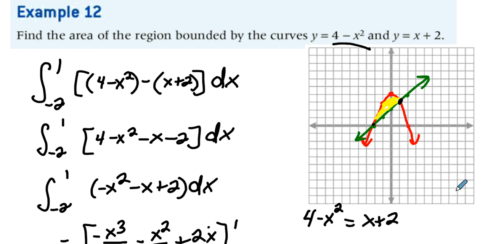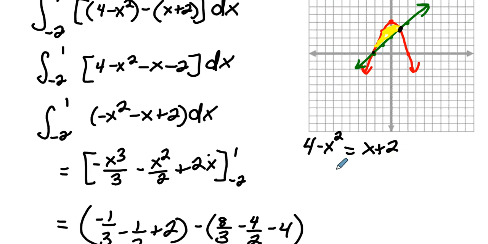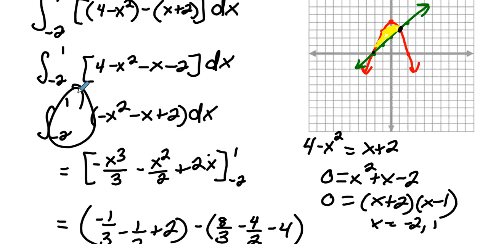Then I'd solve that, and I end up finding it's -2 and 1. So move this all over, so 0 equals x squared plus x minus 2, so that I can factor that into (x plus 2)(x minus 1), which means x equals -2 and +1, which is what we came up with here. So that's how you find those points of intersection if you don't know.